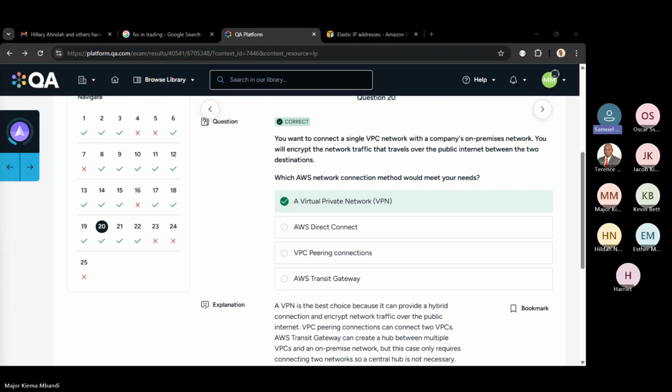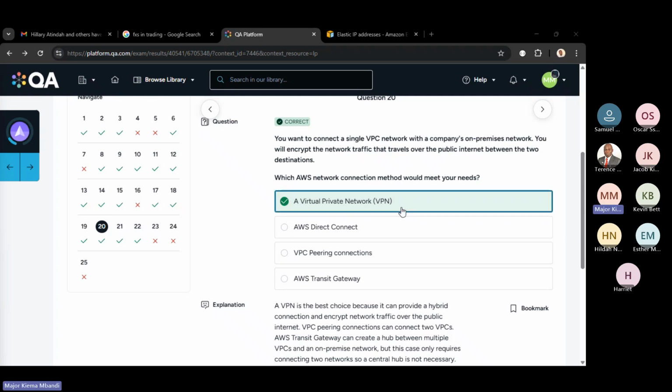Which AWS network connection method will meet your needs? So it's a virtual private network, because they've talked about the encryption as well. So virtual private network, VPN, would be the choice.